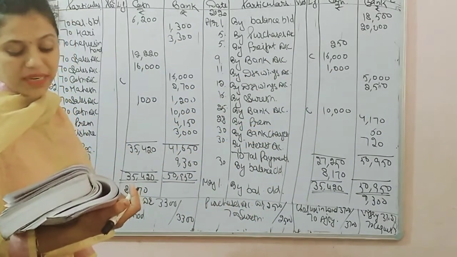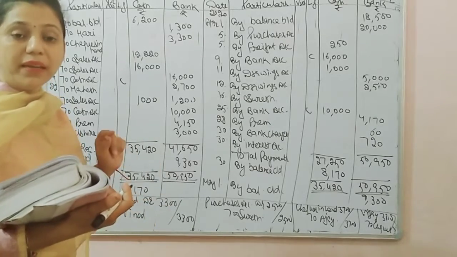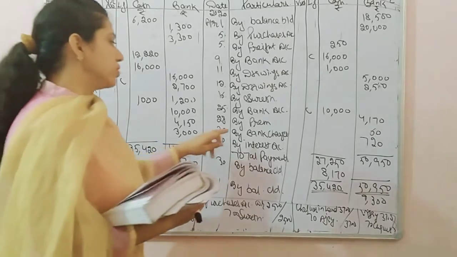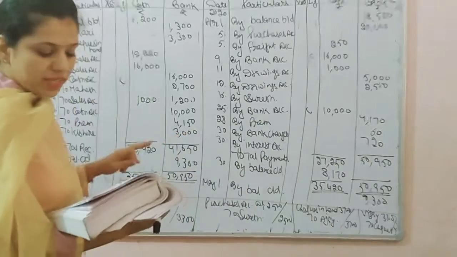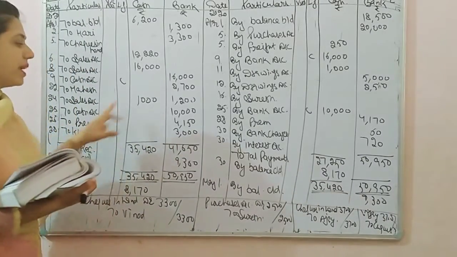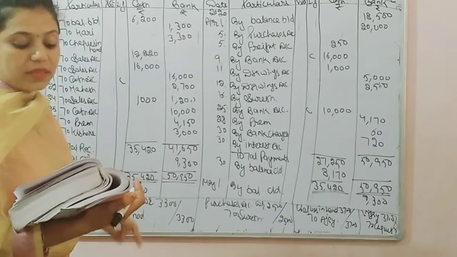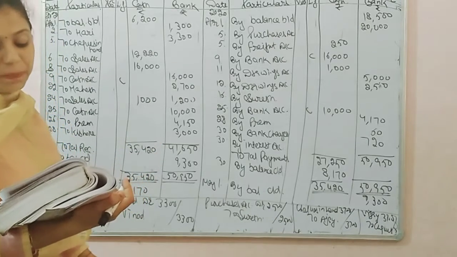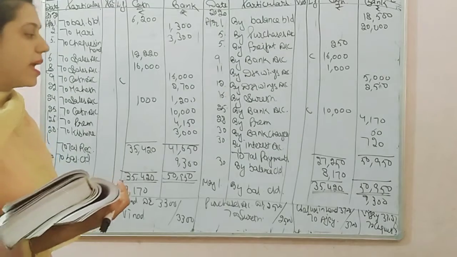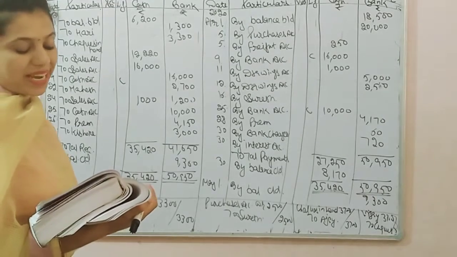Next, received a check from Prem and immediately deposited into bank. So by bank, to Prem, and bank balance is increasing. Third last is bank notifies that Prem's check has been dishonored and bank charges 20 rupees as bank charges.